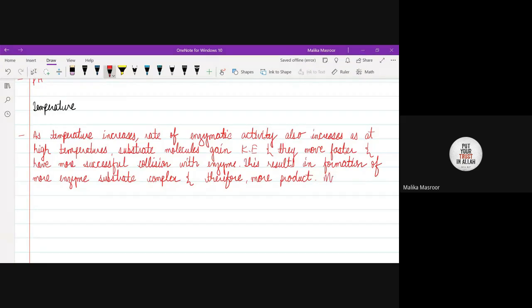Maximum activity is achieved at optimum temperature. However, above optimum temperature, enzymes start to denature and lose the shape of their active site. Therefore, product formation stops.